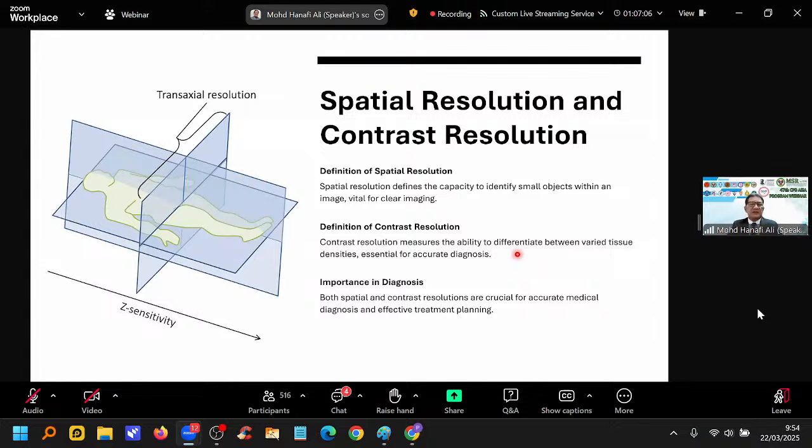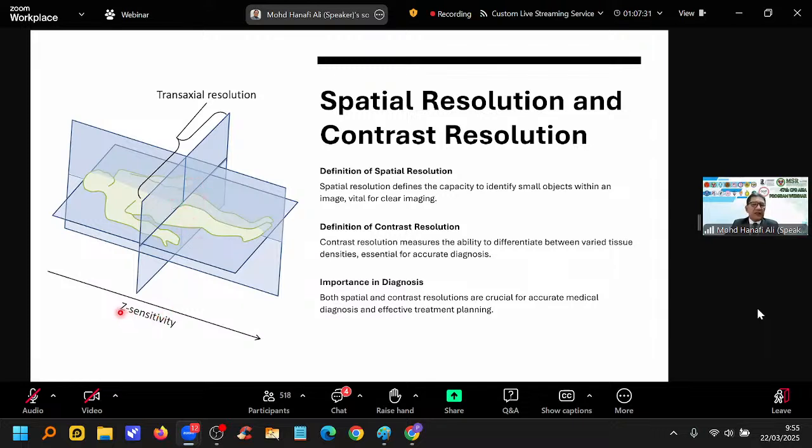If someone is still at the beginning of this terminology, then I just want to mention here, we have two types of spatial resolution: transaxial resolution and Z sensitivity. Transaxial is, of course, from left to right side of the patient, that we normally have in the images.